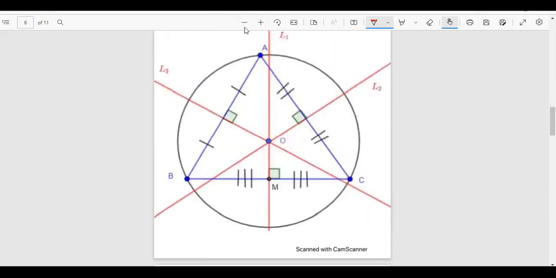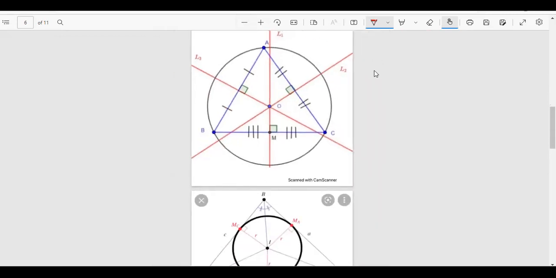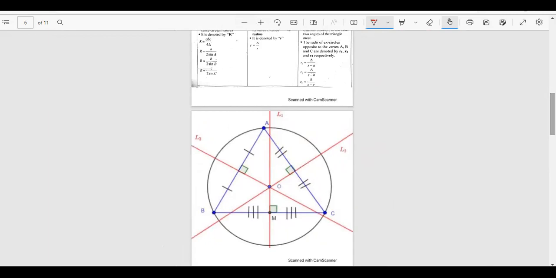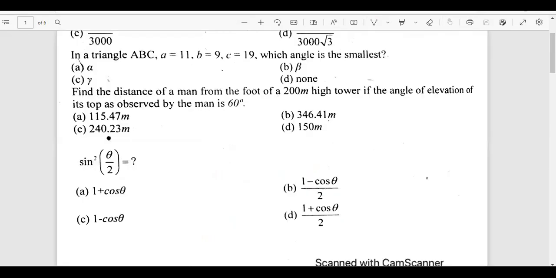Now you are going to see three types, and in all these three types, we are basically going to see a triangle and a circle, and there would be some connection. This is the first one. We call this the circumcircle. What is the first point?